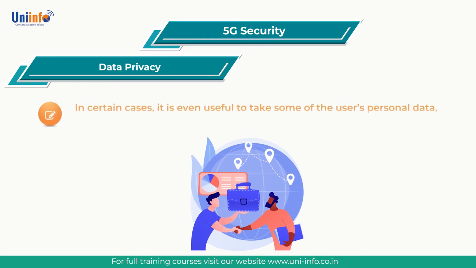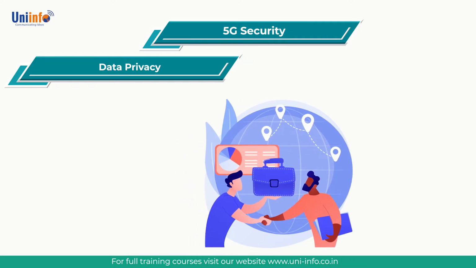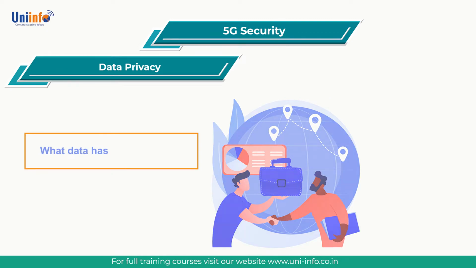In certain cases, it is even useful to take some of the user's personal data, and based on that, the company can build new products and services. But companies or service providers need to provide a clearer explanation regarding for what purpose the data has been used. They must also answer questions like what data has been taken and how and where they stored it.